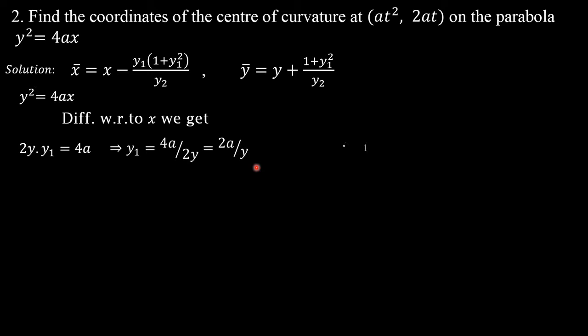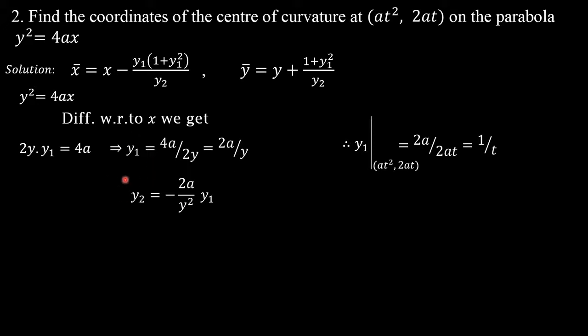But we need to find it at the point at², 2at, isn't it? So substitute the value of y equal to 2at over here, so that you are going to get the value of y1 at the given point to be 1/t. Now to obtain y2, let me just differentiate the expression y1 = 2a/y.